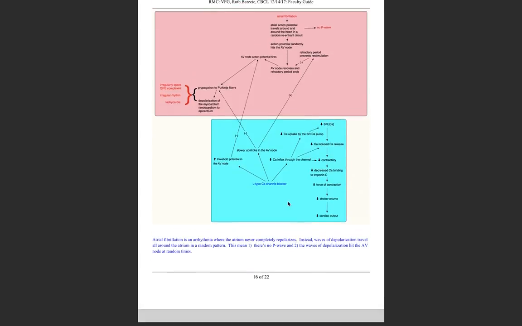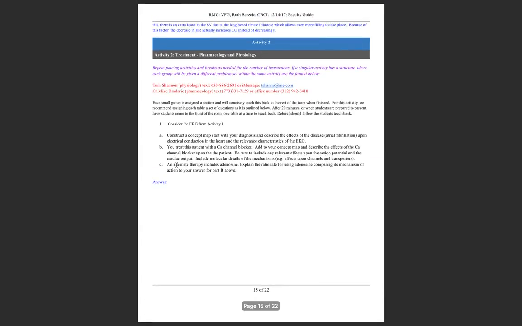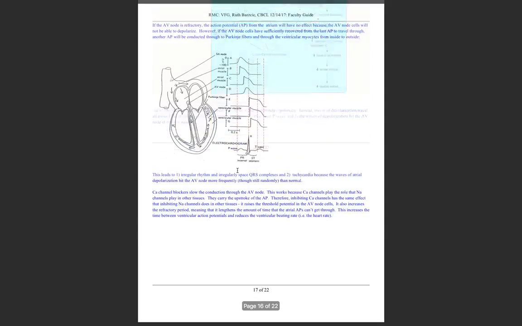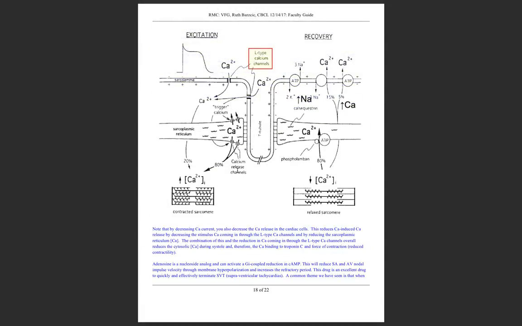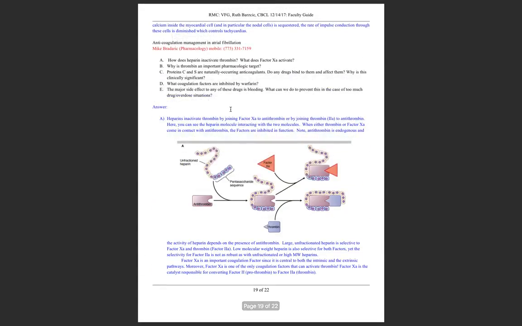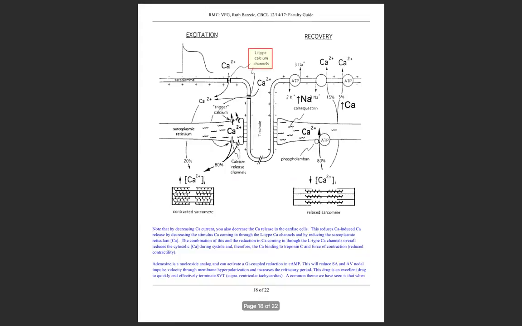Okay. And then Mike has a question here about alternate therapy, including adenosine, and explain the rationale for using adenosine and its mechanism of action. We didn't ask for a concept map there. This is still my explanation of the EC coupling, and the adenosine explanation is here, and this was written by Mike.